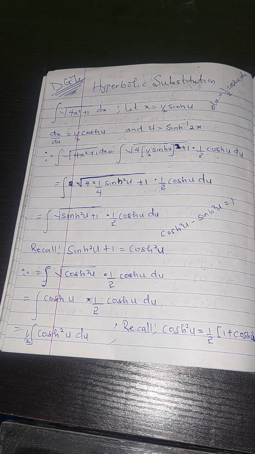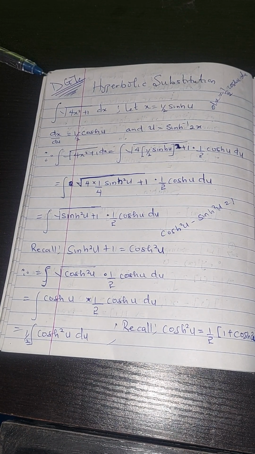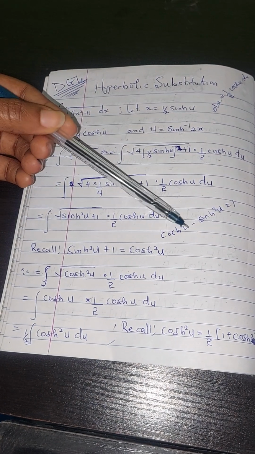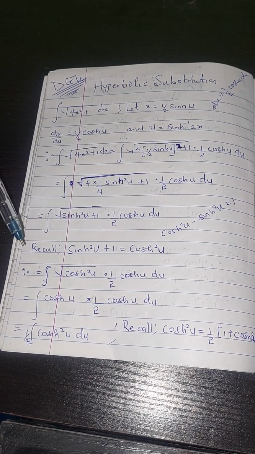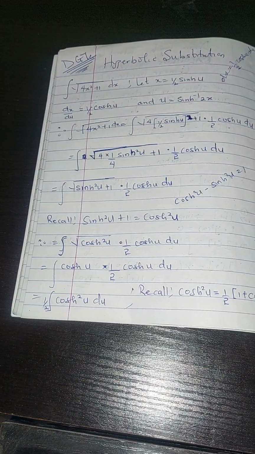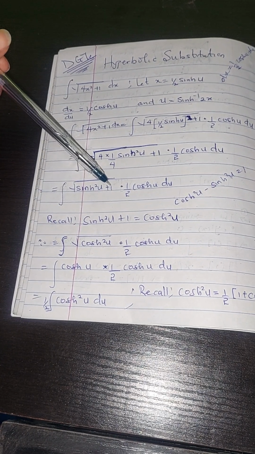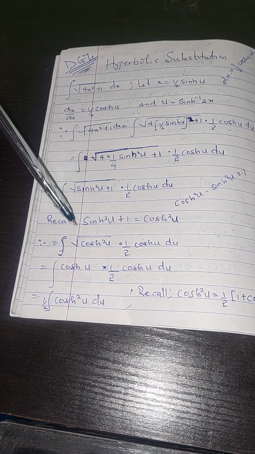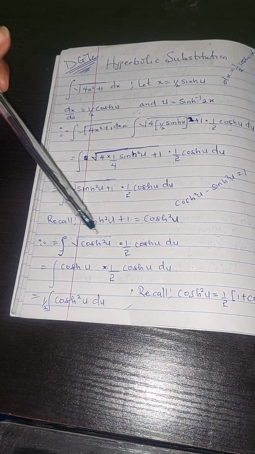It is different from the normal identity, where you have cos squared x plus sine squared x equals 1; here it is negative, the difference is equal to 1. Then afterwards, instead of having hyperbolic sine squared u plus 1, I won't use it again, because I want everything to be in terms of hyperbolic cos, so I'll be able to integrate in a better way.